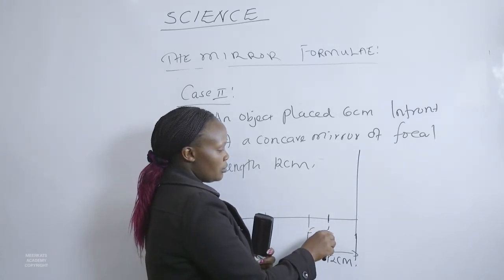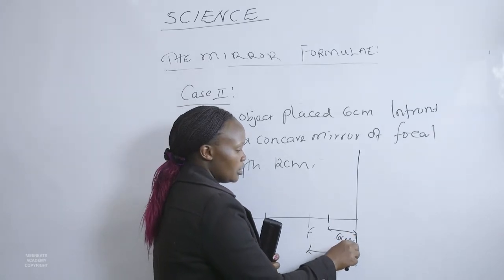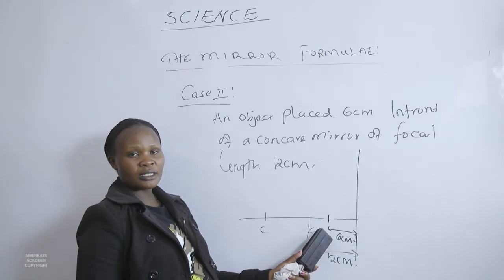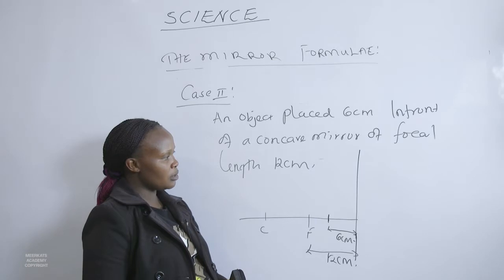That is where our object is, so that if we measure again from the mirror to where our object is, we have a distance of around 6 centimeters.